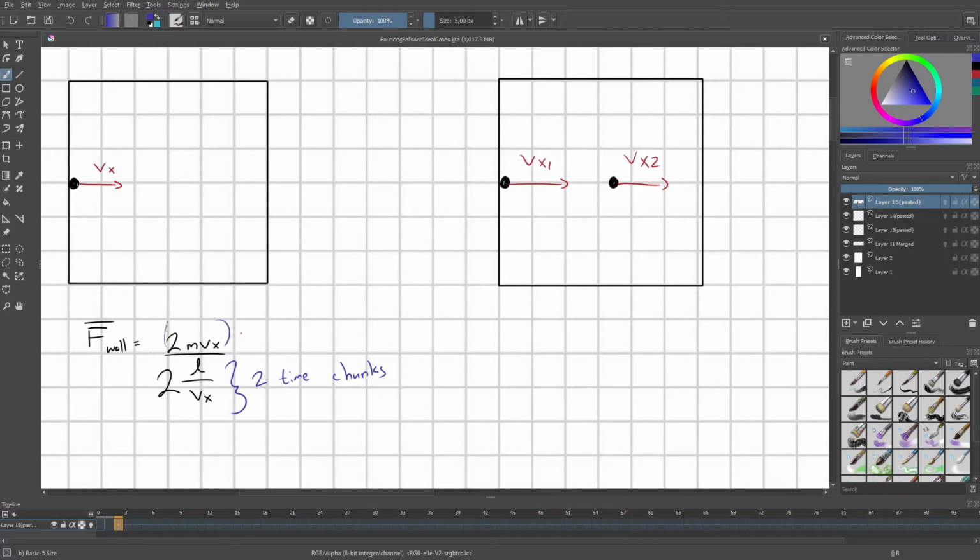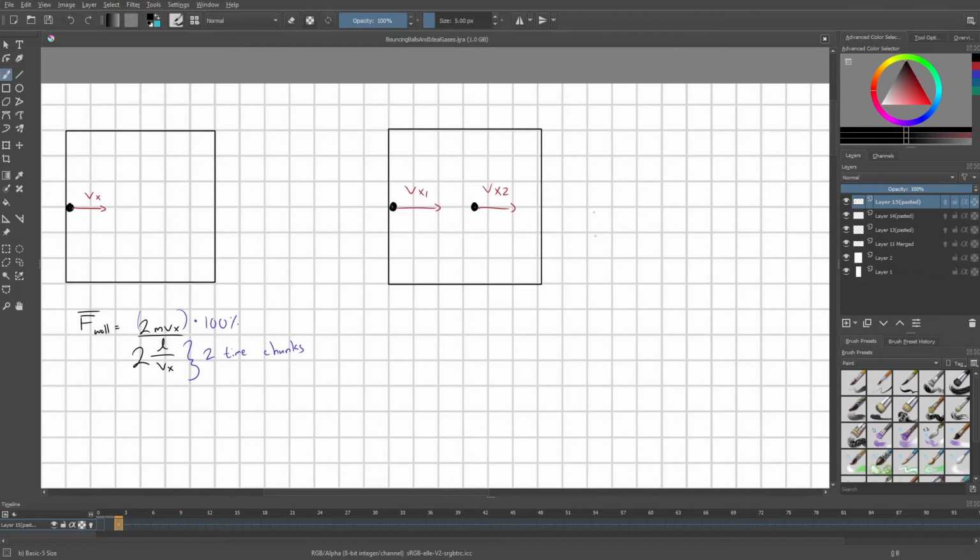I could multiply this by 100% and it would be the same thing. There's going to be 1 momentum transfer of 2 mvx into the right wall. Now for the system on the right, what happens in 2 time chunks? For the one on the left, 2 time chunks was enough to reset the ball. On the right, what does 2 time chunks get us?